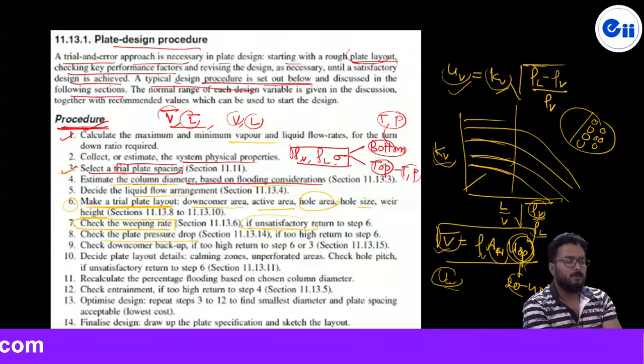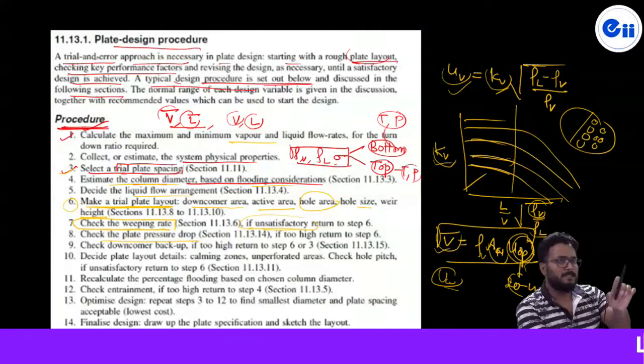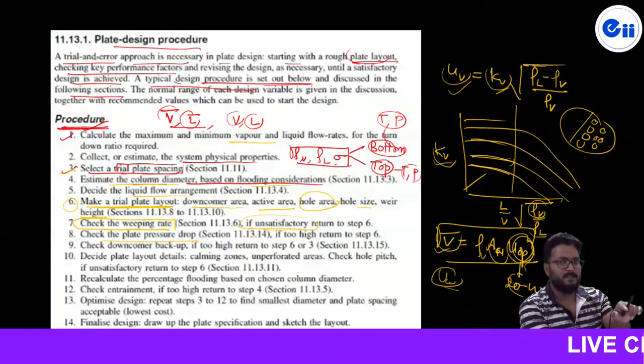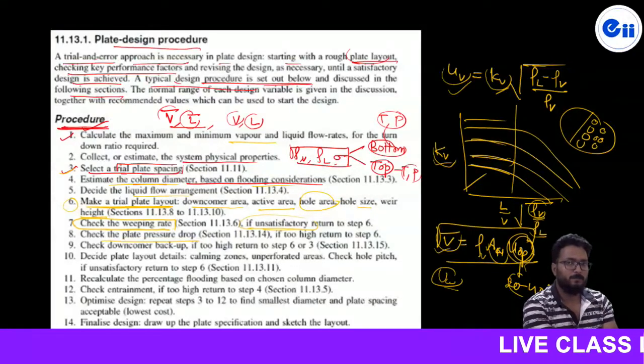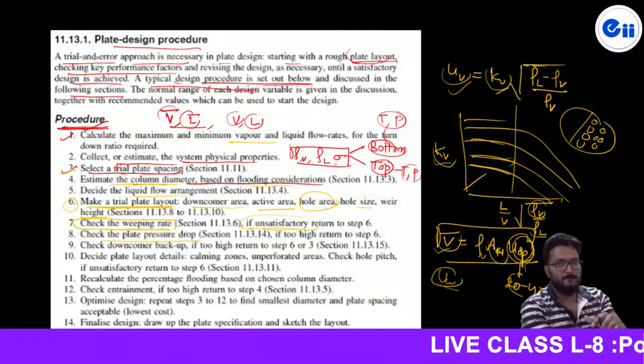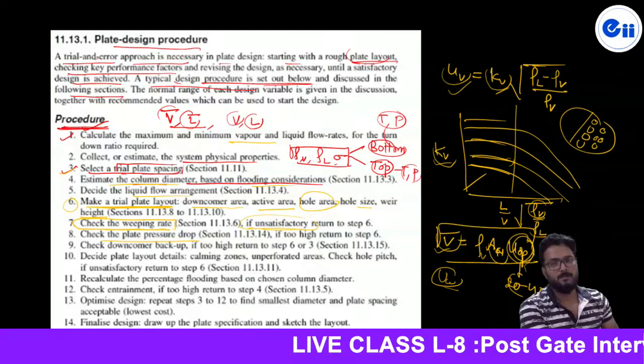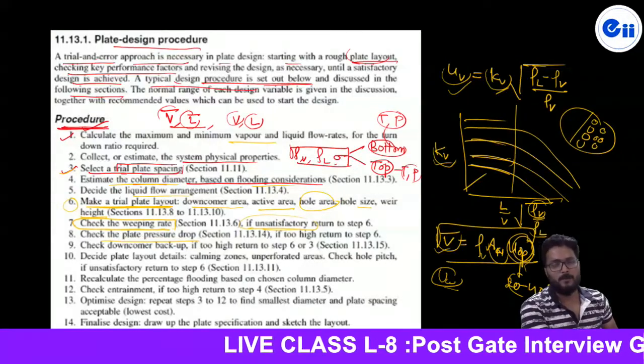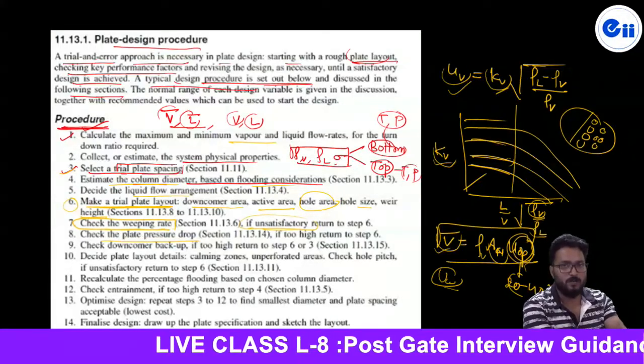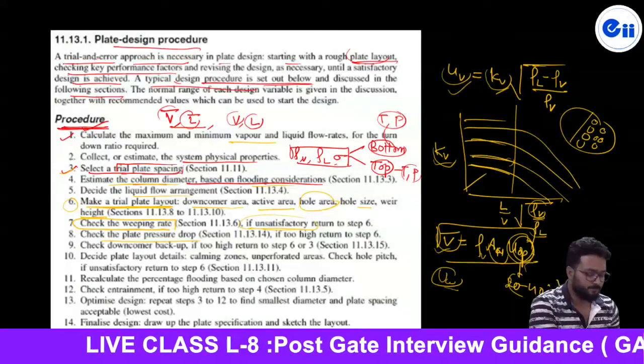The liquid head is HW plus HOW into beta, plus the frictional loss, which is called HD, and HD, as I have told you, is proportional to the square of the vapor velocity. I have already given the correlation in the previous lecture.